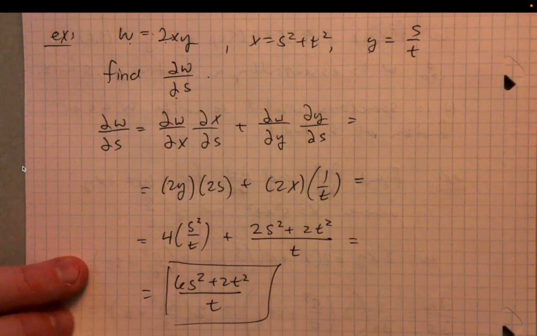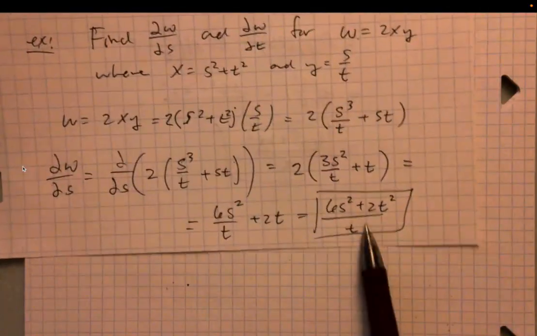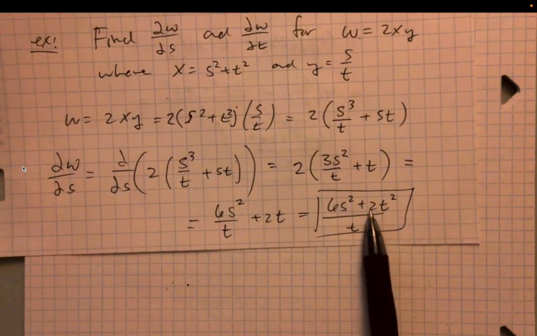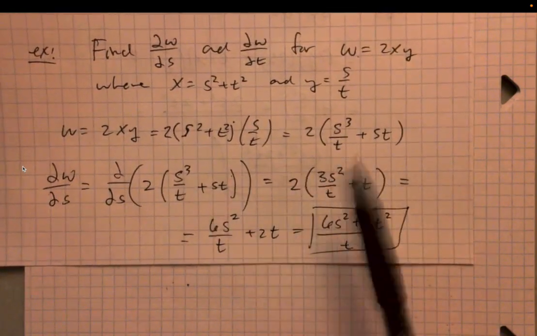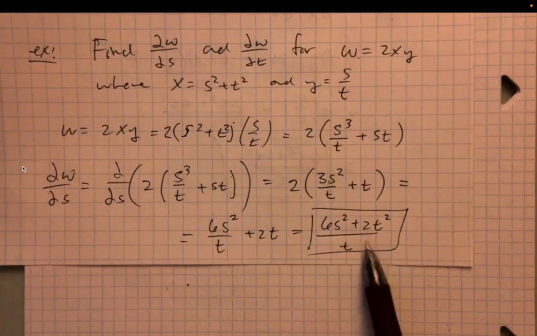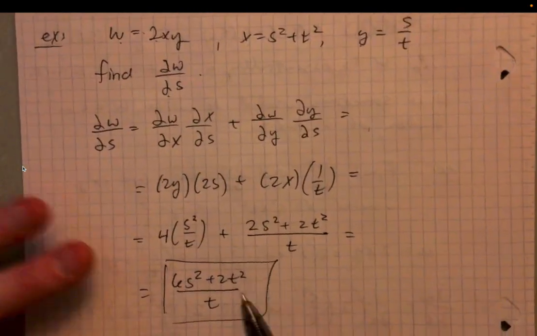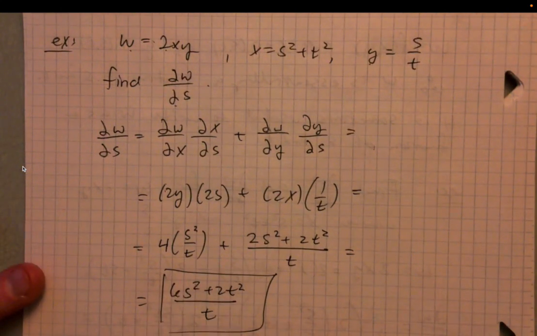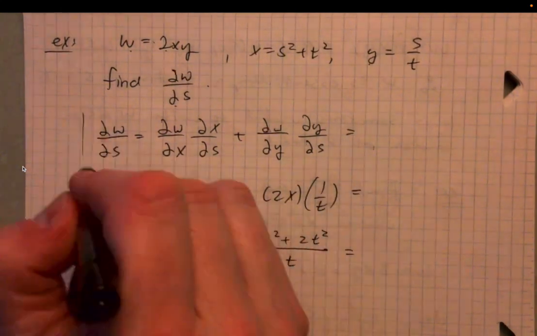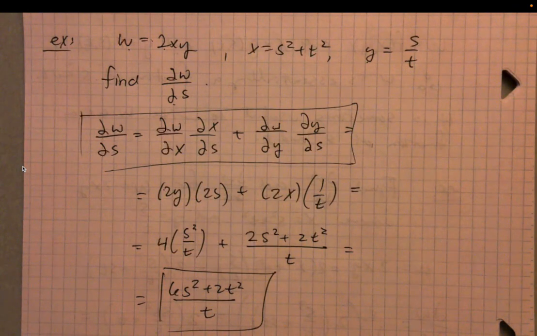So this is what we get now. And then with the alternative method, we had this. This was the method where we took w and we rewrote it in terms of s and t. Right? And then this way we left things as they were, and we just used this alternative version of the chain rule. Excellent.